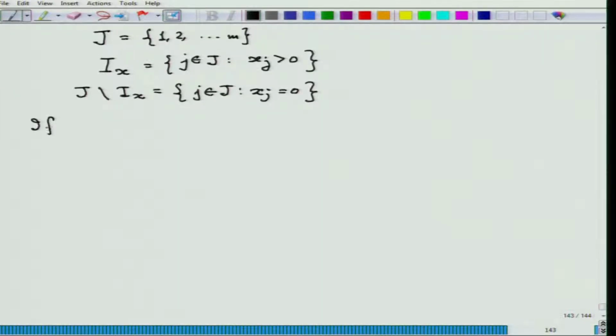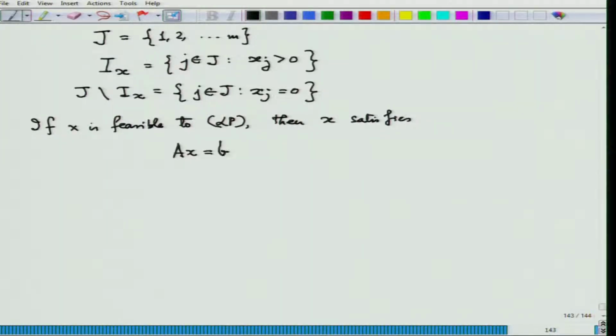So, if x is feasible to LP, then x satisfies, that is, we can write down the fact that Ax is equal to b and x greater than or equal to 0 as follows: Ax equal to b and x of j is equal to 0 for all j which is in J, but not in Ix.